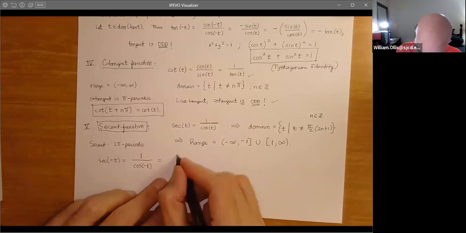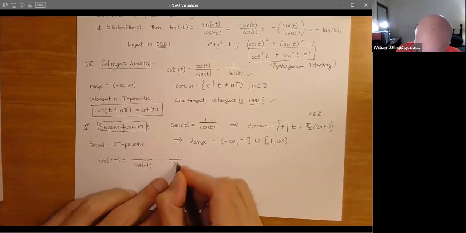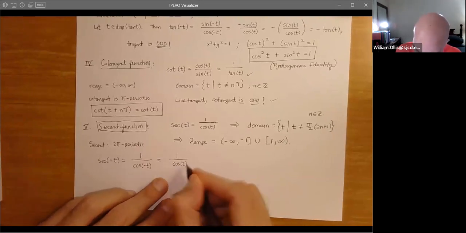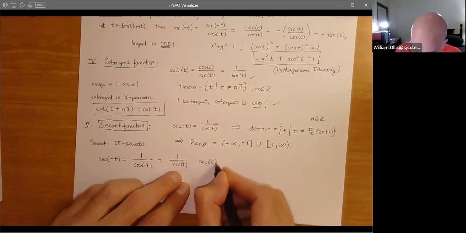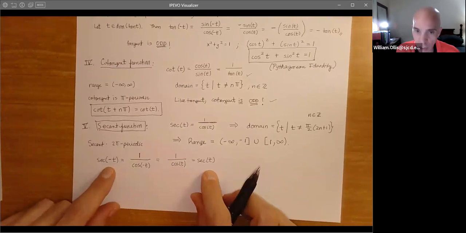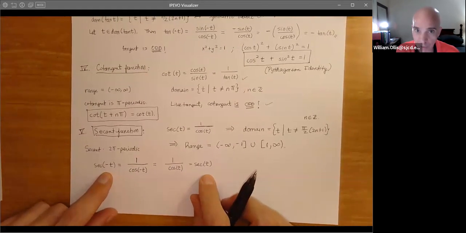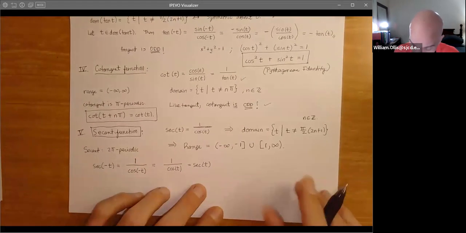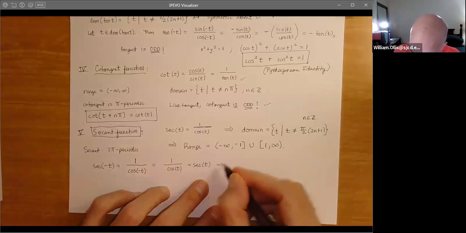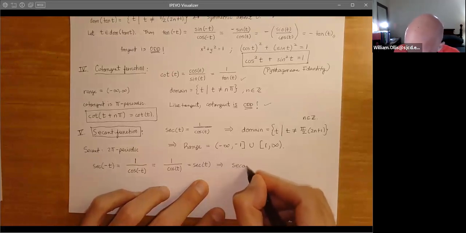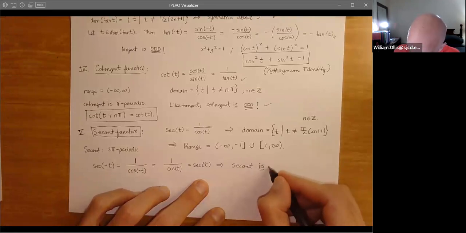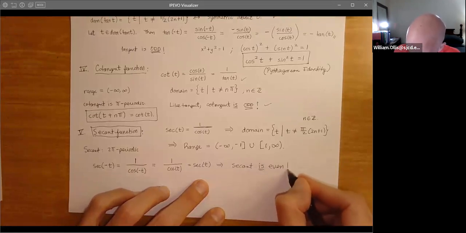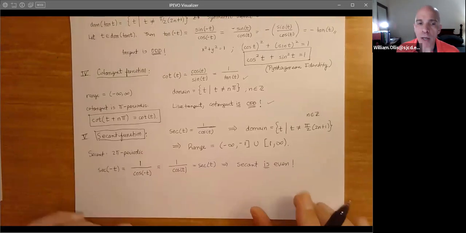Even. The negative absorbs. But that's just the definition of secant. So what we see is that just like the cosine function, the secant function by definition is even. So this implies secant is even.